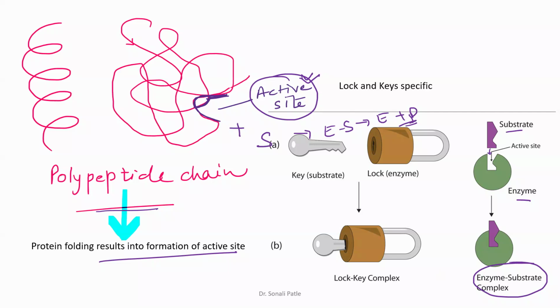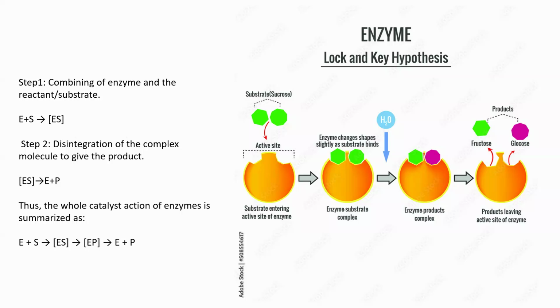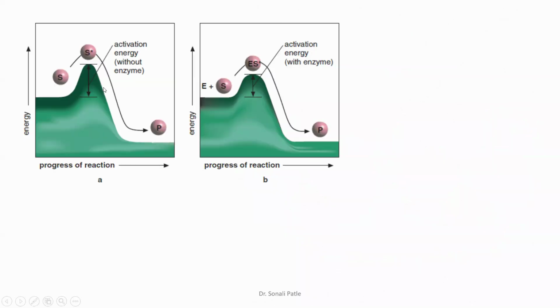So that is the lock and key model. This is the hypothesis which explains how enzymes combine with the substrate, form the enzyme substrate complex, and form products, and the enzyme is recycled. So the enzyme is now free to recombine with a new amount of substrate.